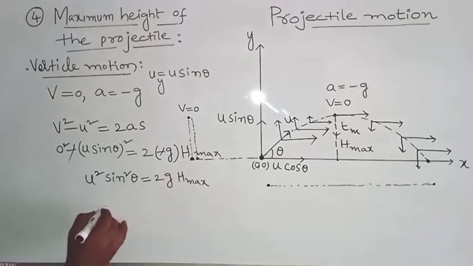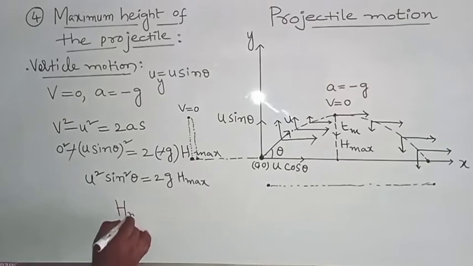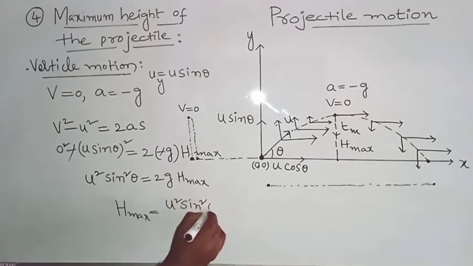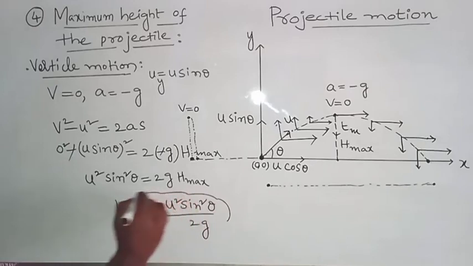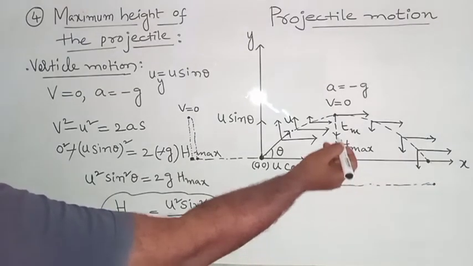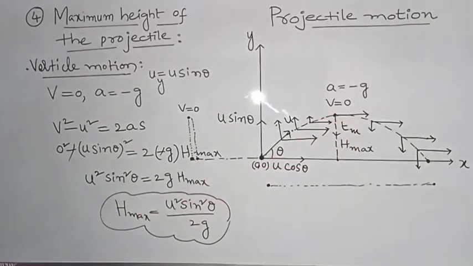Move this side: H maximum equals u square sin square theta upon 2g. This is the formula for H maximum, or the maximum height attained by the object from the ground in the vertical direction.